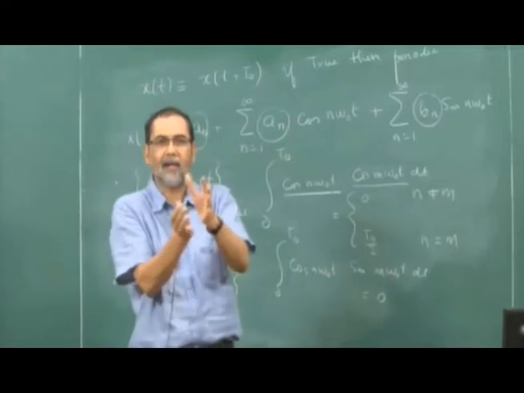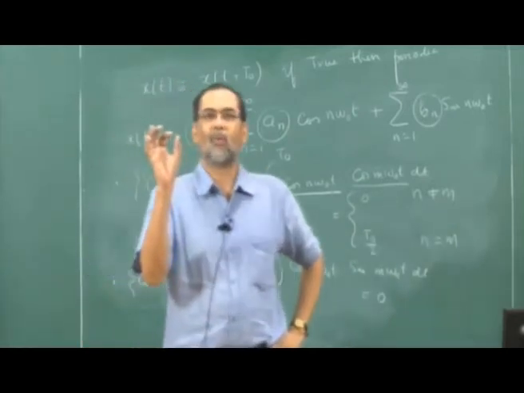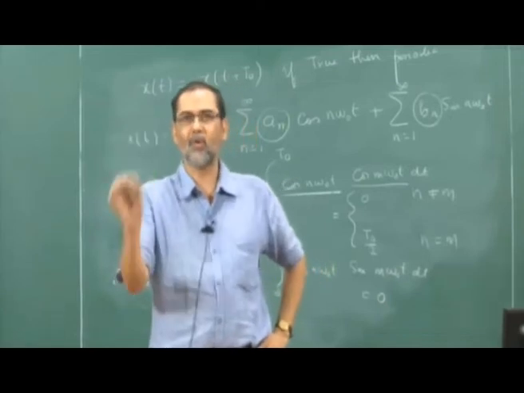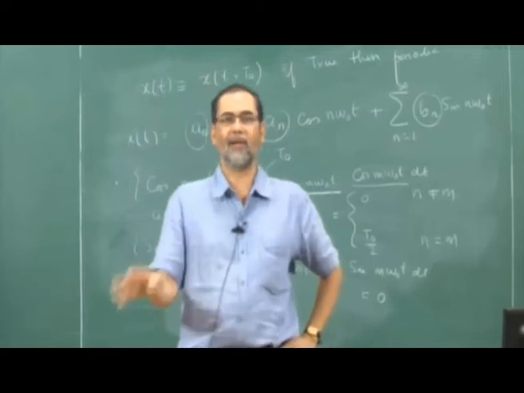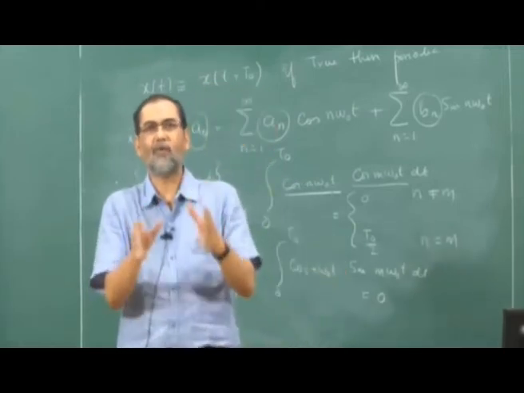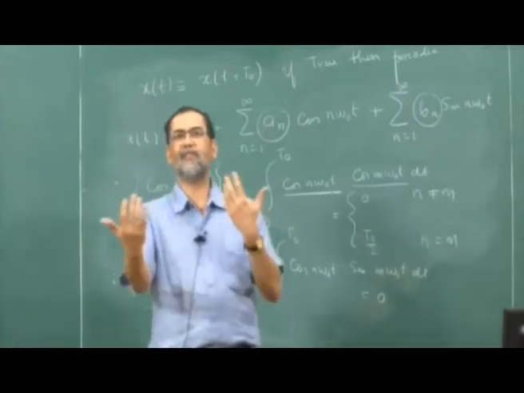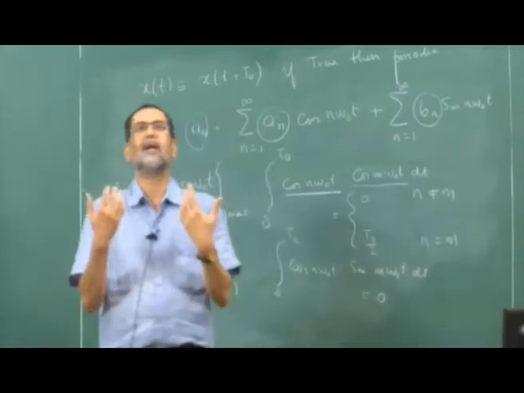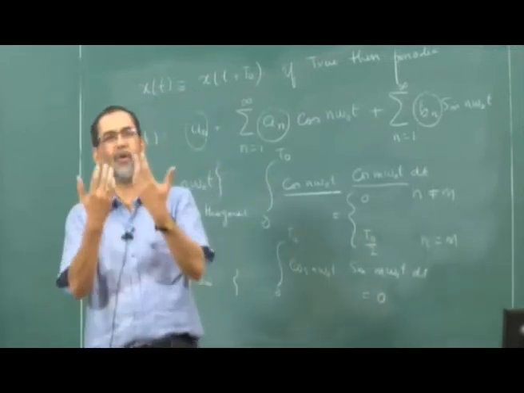So this collection of orthogonal properties, that is, the cosine function integrates to 0 over one period, the sine function integrates to 0 over one period, the set of cosine functions are orthogonal, meaning for n and m different they integrate to 0, cos and sine are orthogonal, and sine forms an orthogonal set.